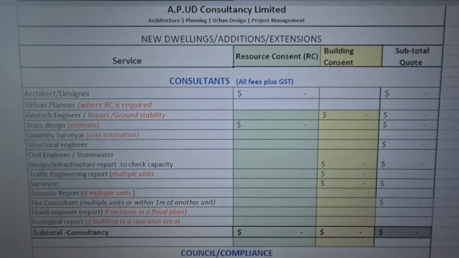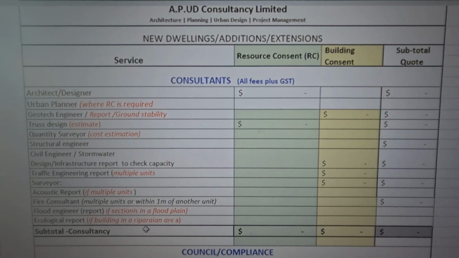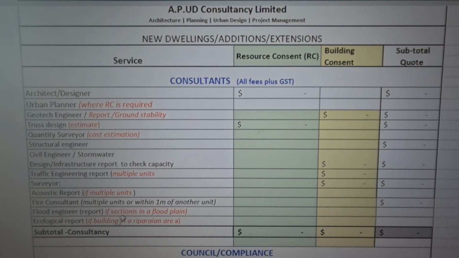A flood report, because we are building in a flood zone, and then we're also required to do a very comprehensive ecological report because you're building within a riparian area. So we did all those reports, and of course many others as well.